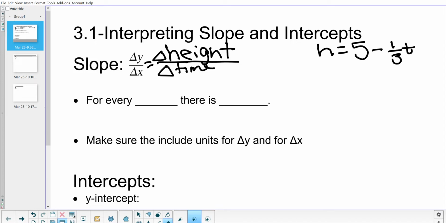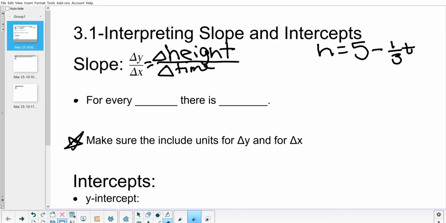Then you're going to have to write up a sentence describing the slope. This right here is just an example. It doesn't matter which one you start with, whether you start with the x variable or the y variable, but you have to make sure you include units.